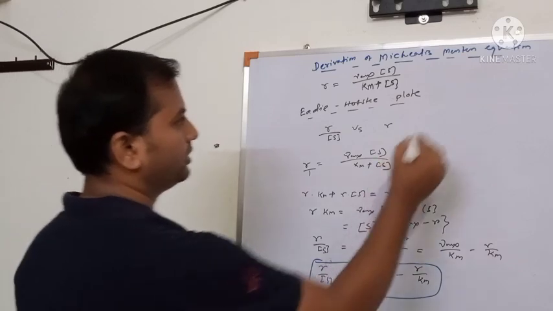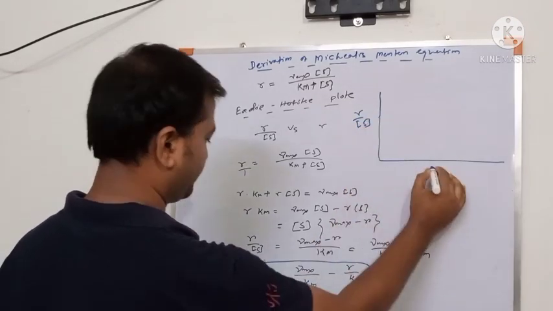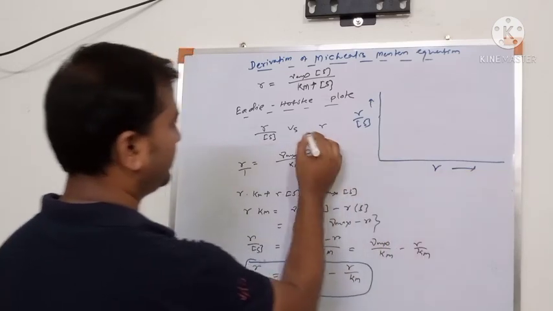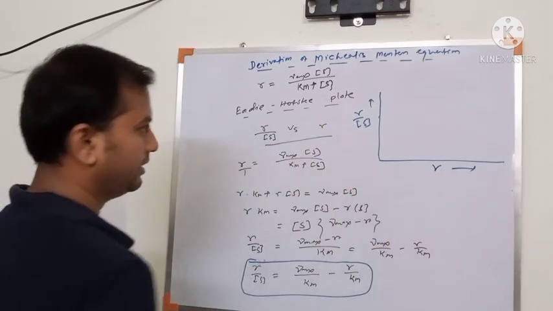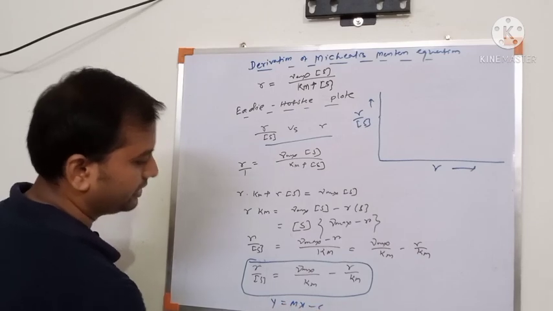Now plot R by S versus R. This is y equal to mx minus c.